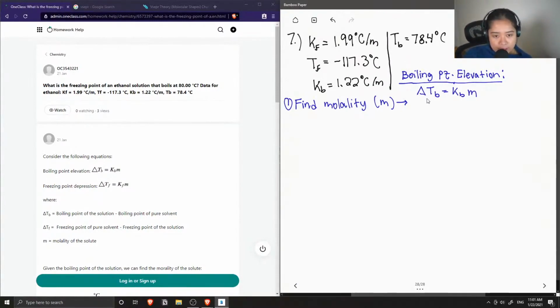So delta Tb can also be broken down to the boiling point of your solution minus the boiling point of your pure solvent.